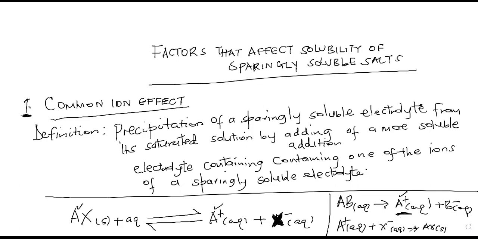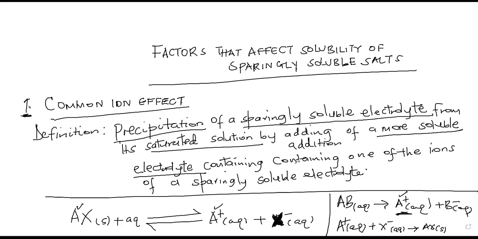So basically, when we're defining the common ion effect, we define it as the precipitation of a sparingly soluble electrolyte. You precipitate what you started with. It is the precipitation of a sparingly soluble electrolyte from its saturated solution by adding a more soluble electrolyte containing one of the ions of the sparingly soluble salt.